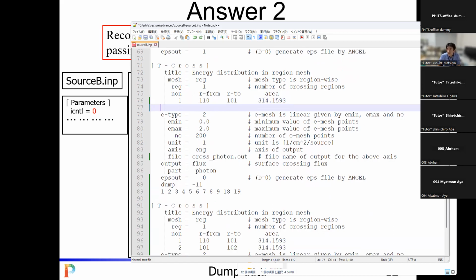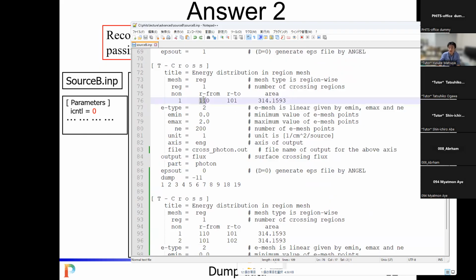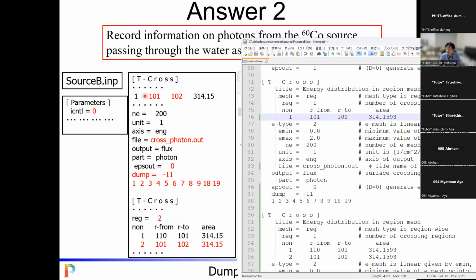So not here. Better to change the 110 to be 101 and 102, like this. So I'm now changing like this.